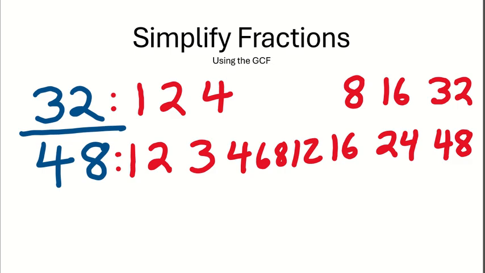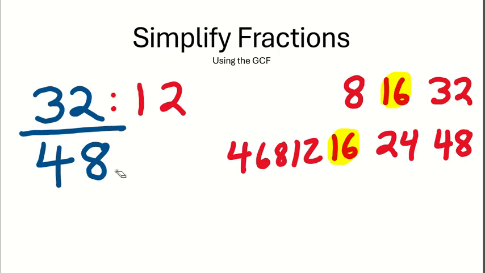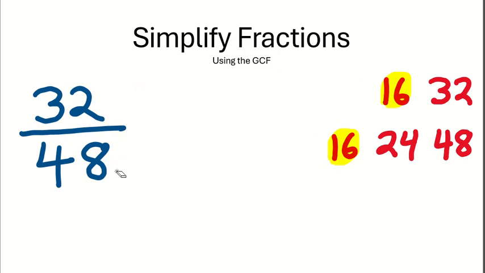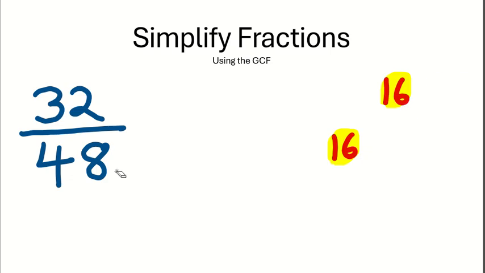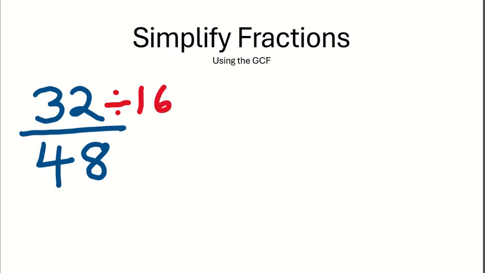So the biggest number that appears on both lists happens to be 16. I was going to say 8, but it's actually 16. So let's go ahead and clean this up and do our division. We're going to divide the top and the bottom number by 16. 32 divided by 16 is 2.